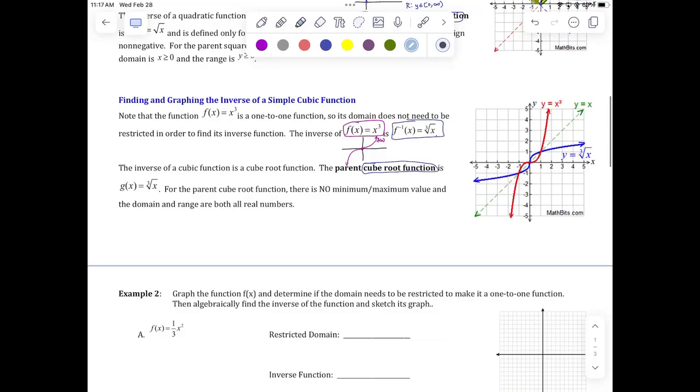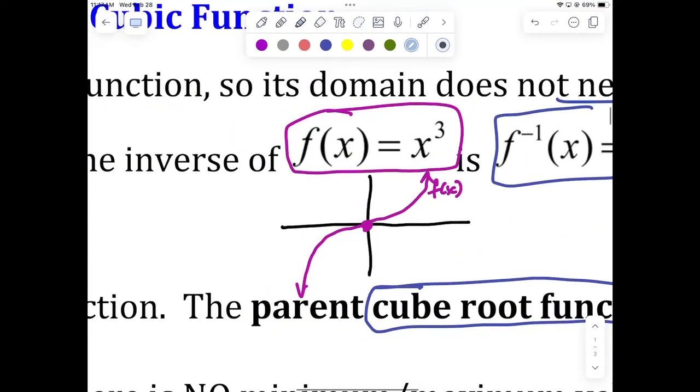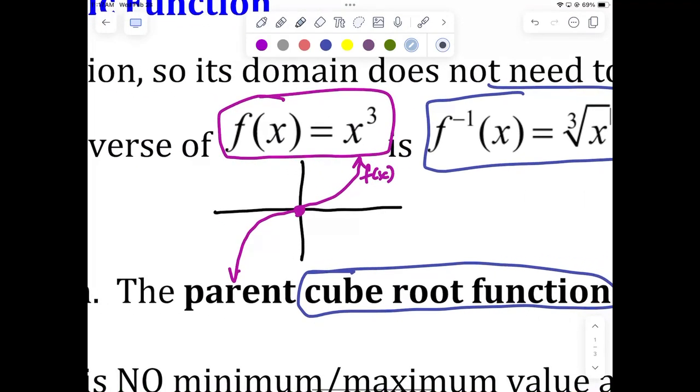Does this graph of x cubed pass the horizontal line test as well? It does. So x cubed is already one-to-one, isn't it? Without any restrictions. We don't have to say, let's only look for x greater than or equal to 0. It's going to have an inverse that's already a function.